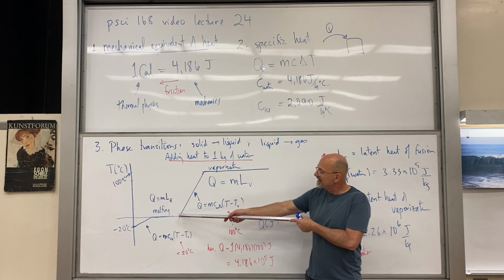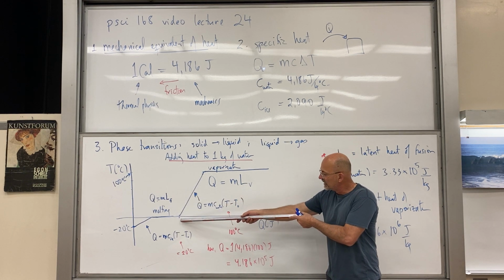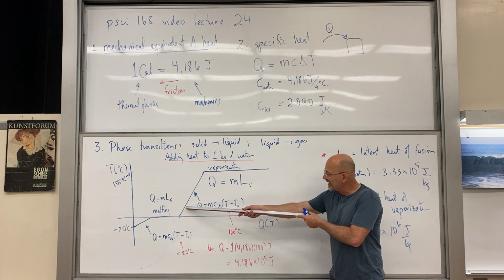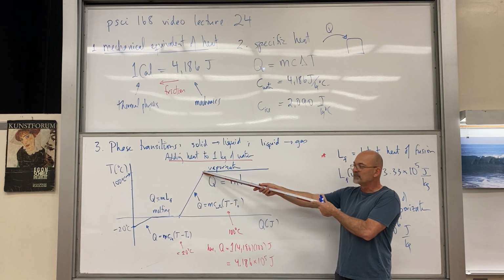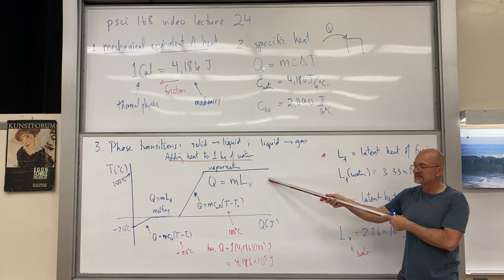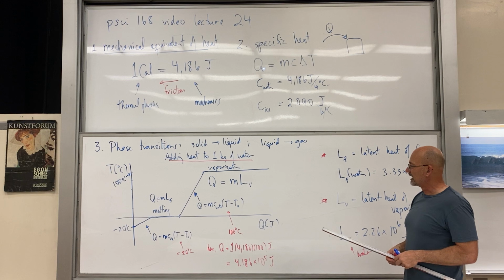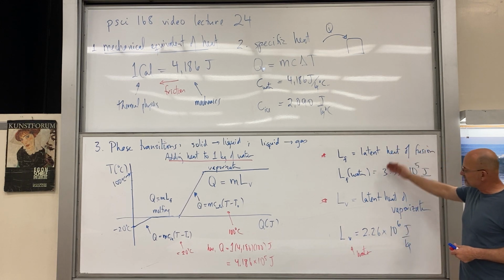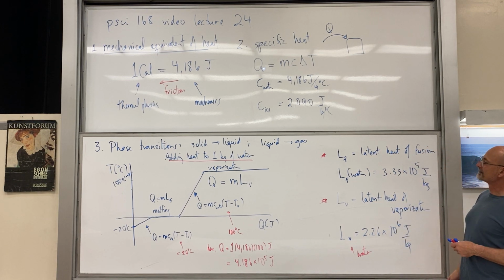So when it was completely melted, 0 degrees Celsius, then as adding heat, we could bring it up to a boil, to 100 degrees Celsius. And then if we keep adding heat, it vaporizes till it's all a gas. And the energy amounts are so substantial that you really have to know this.